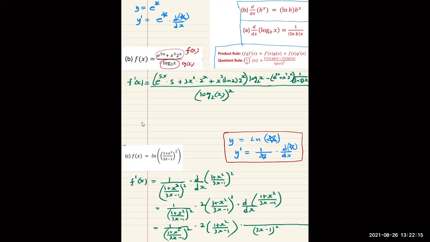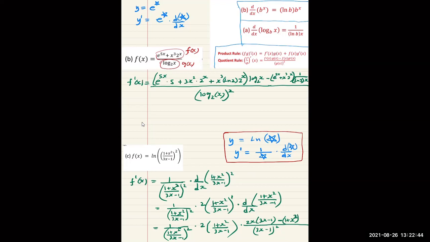In the top, you should have the derivative of the top expression, which is 2x times your g of x. Your g of x is 3x minus 1, minus, you view this as your g of x, and this is your f of x, okay? And apply the quotient rule given here. Minus, you leave your top function fixed, 1 plus x squared, and take the derivative of the bottom function, which is 3x minus 1.